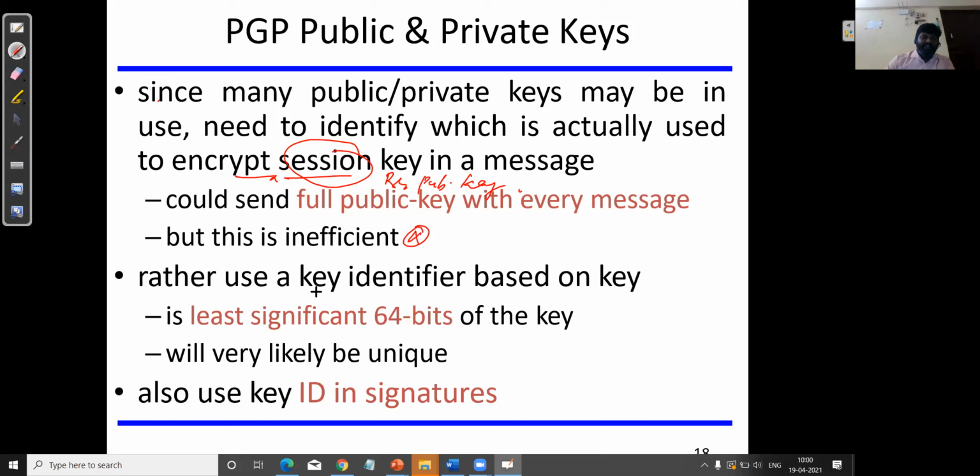When we talk about the key identifier, we use a different technique through which, from the available keys, the key will be selected, and there can be different variations, such as the least significant 64 bits of the key.